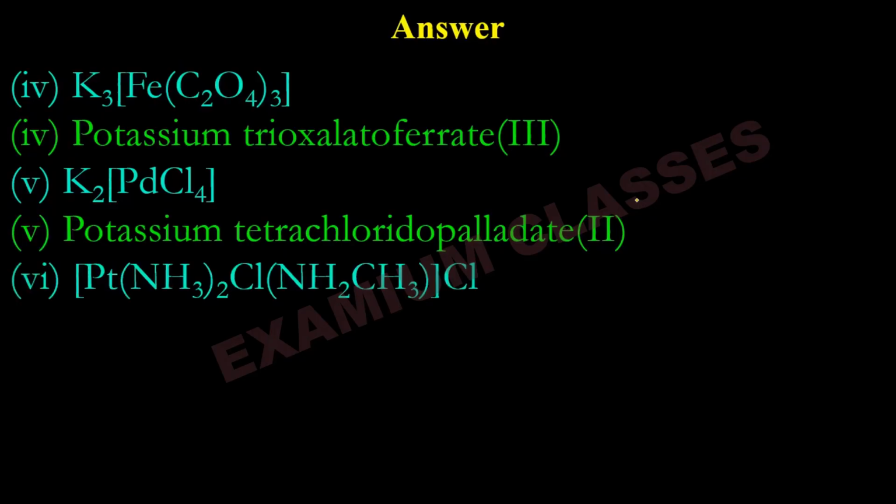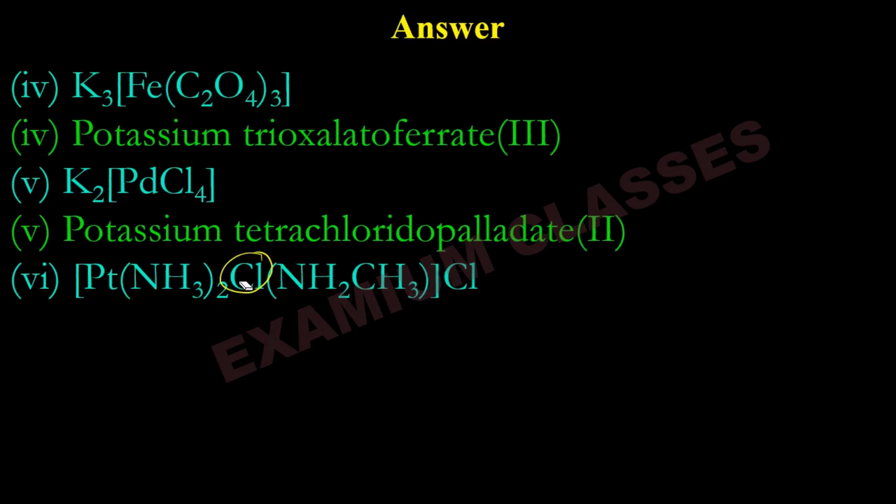Next, in this case, you have an anion, the counter ion chlorine. So it means the coordination entity will be cationic. So we will name the cation first. It will be diammine chlorido, and this one is methylamine.